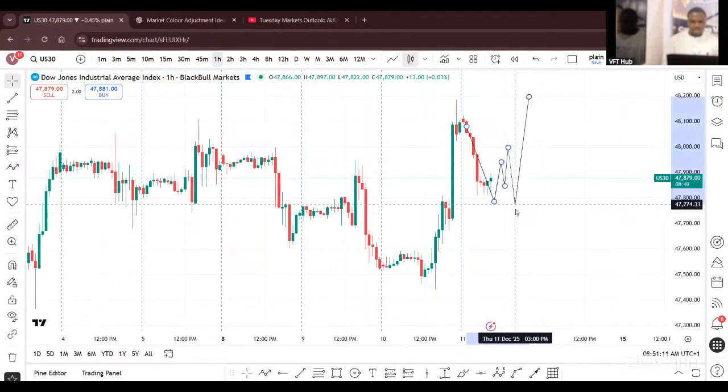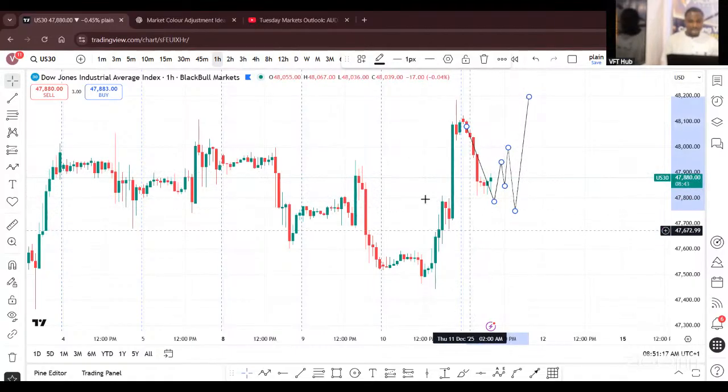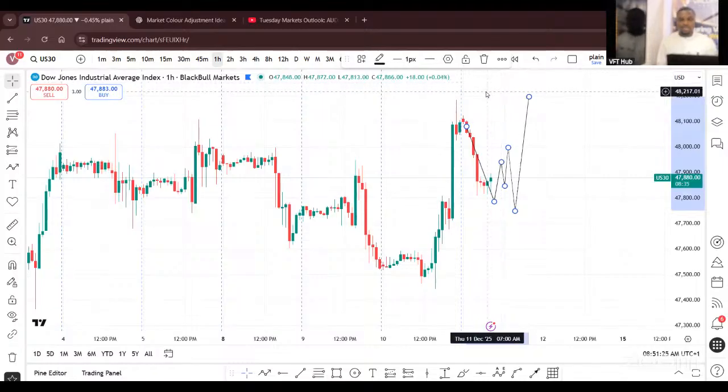You get something like this that will now serve as liquidity. That can happen. And price could as well just tap into this other block and then continue the journey to the upside. That's also a very strong possibility in this market this morning.